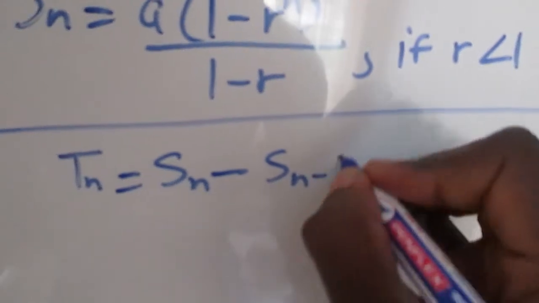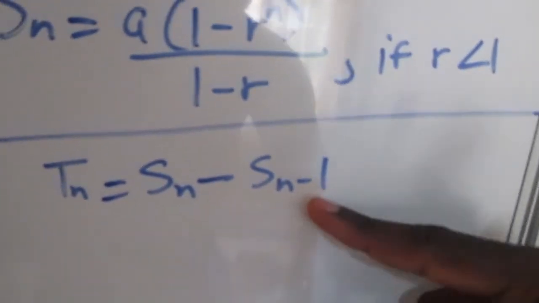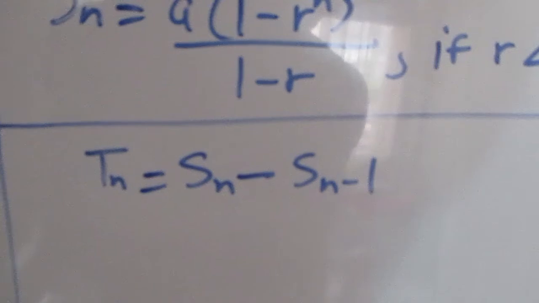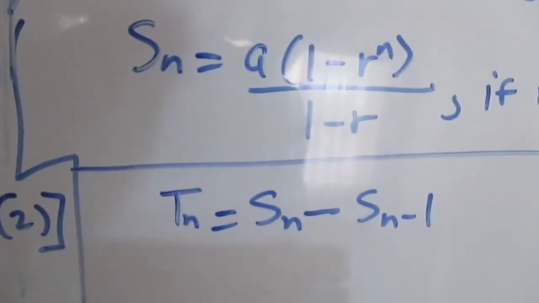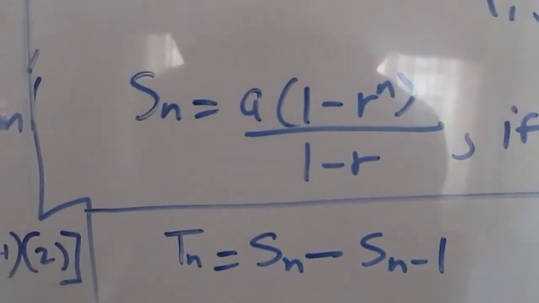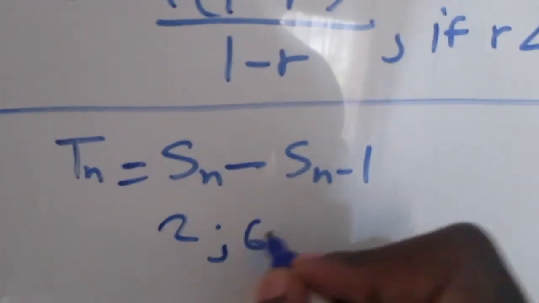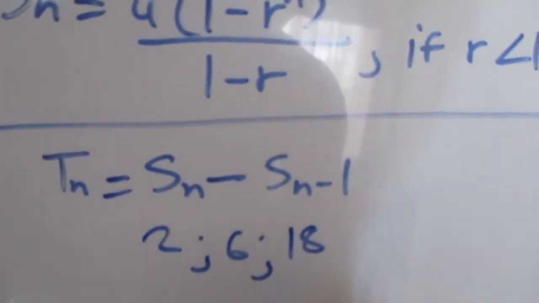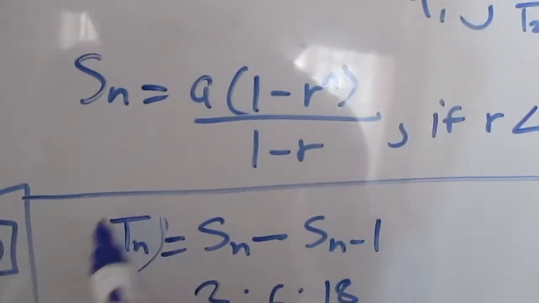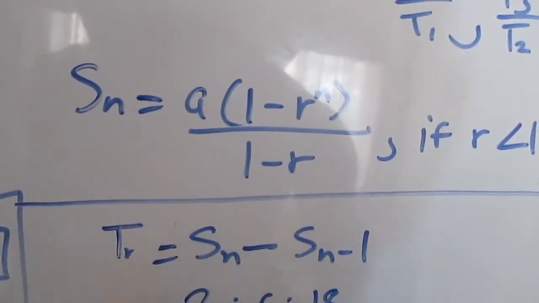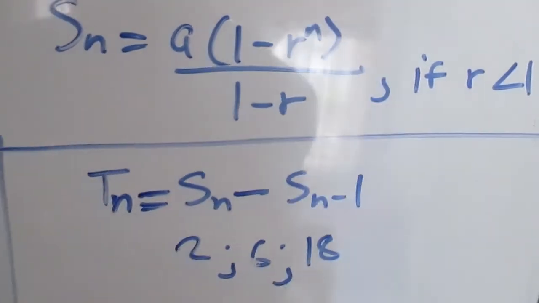There's a formula here which says Tn is equal to Sn subtract Sn minus 1. And this is what this means. So I'll go back to a geometric sequence which I looked at in my previous video, which was 2, 6, 18. Just to explain this. This says to find the term at a certain point n, and n corresponds to the number of the term.